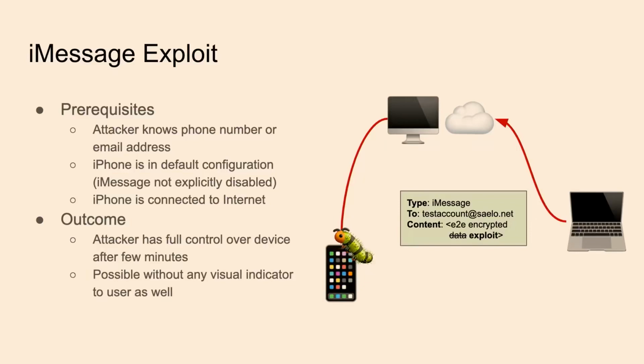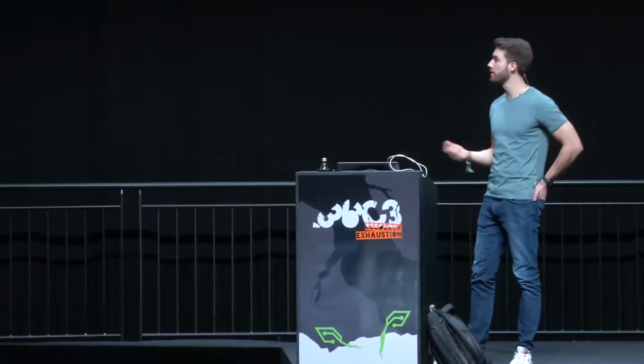So that's quite a lot of iPhones. The outcome is the attacker has full control over the iPhone after a few minutes, I think 5 to 7 minutes maybe. And it is also possible without any visual indicators. You can make it so there are no notifications during this entire exploit.